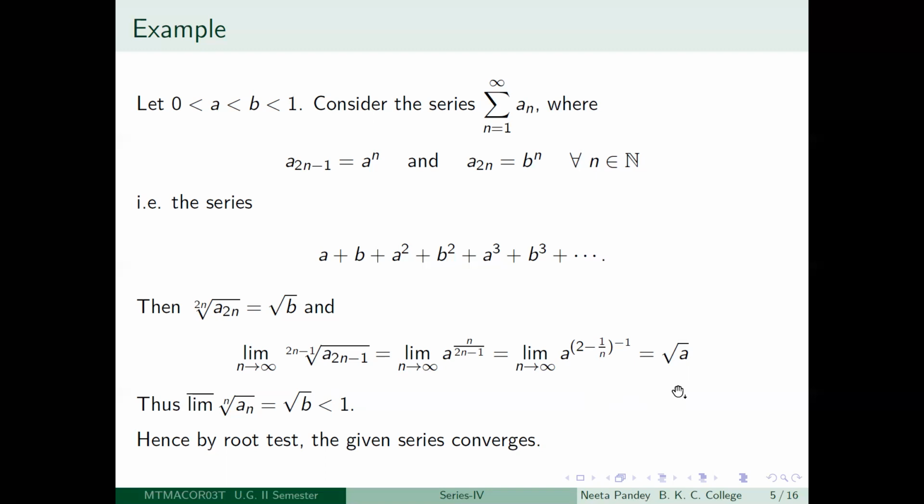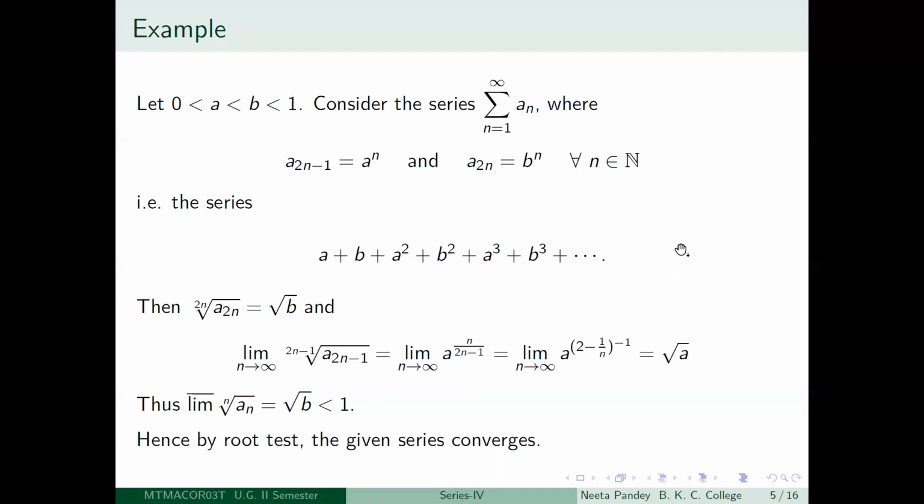So what is going to be the lim sup? The lim sup is going to be the maximum of these two, so that is root b. Why is it going to be only these two? That is clear, because the even subsequence and odd subsequence partition the sequence nth root of an into two parts, and those two parts are convergent, one converging to root b, the other converging to root a.